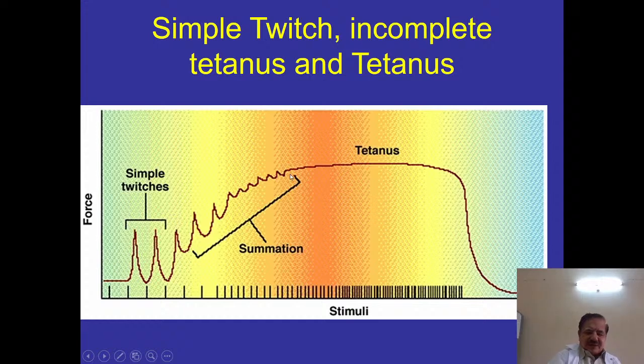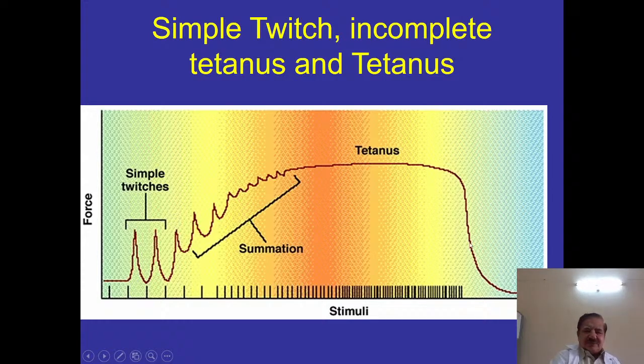If you are stimulating continuously, one after the other, you get the stepwise staircase and other things. But if you are completely holding on to the button and giving stimulus continuously, then you will get all the stimuli in the contraction wave itself and there will be a continuous contraction. The continuous contraction is called tetanus.